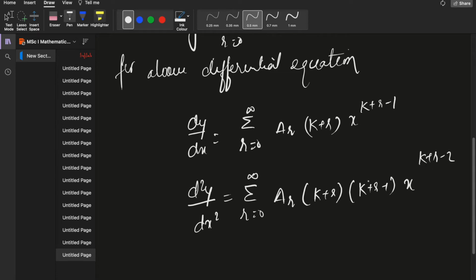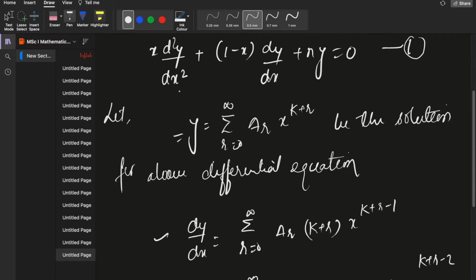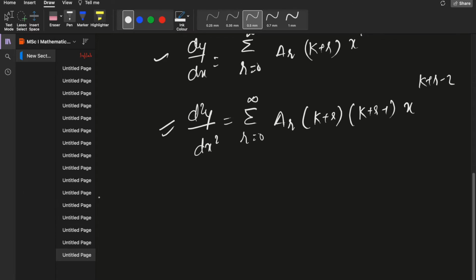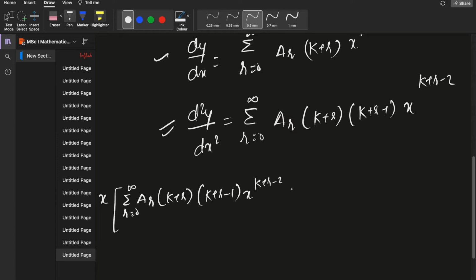Substitute this term and y in equation 1. The first term is x d2y upon dx square, which is summation r tends to 0 to infinity ar (k plus r)(k plus r minus 1) x to the power k plus r minus 2.